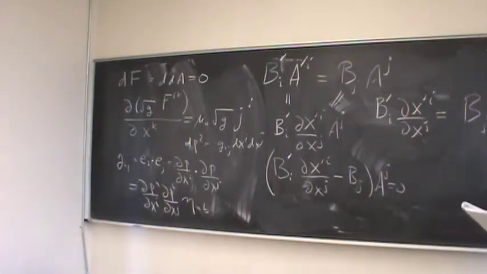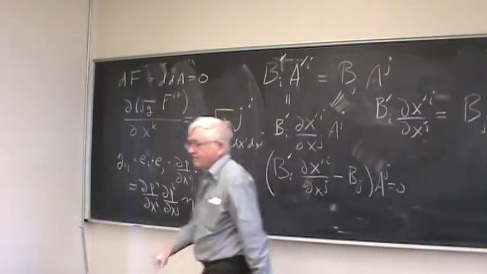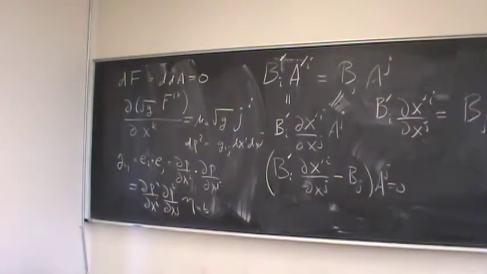Now we multiply that by partial x j, partial x prime k, and in fact, to avoid hell, let me get an eraser.